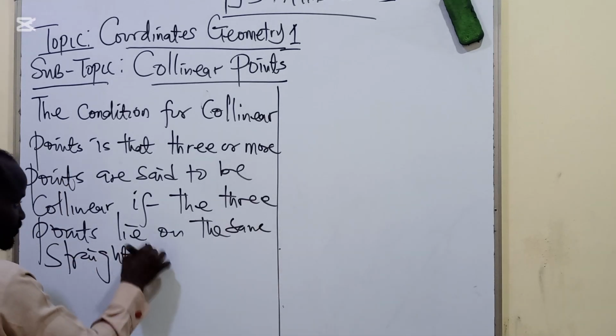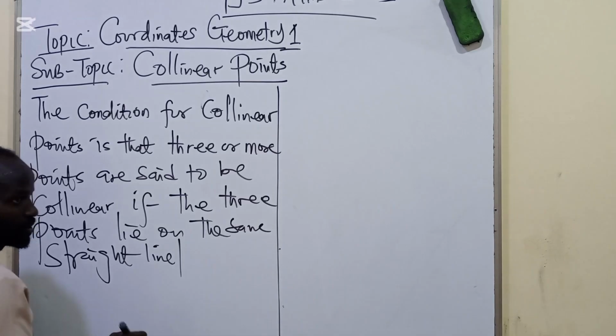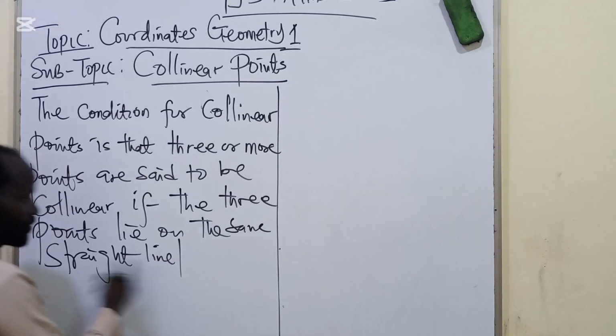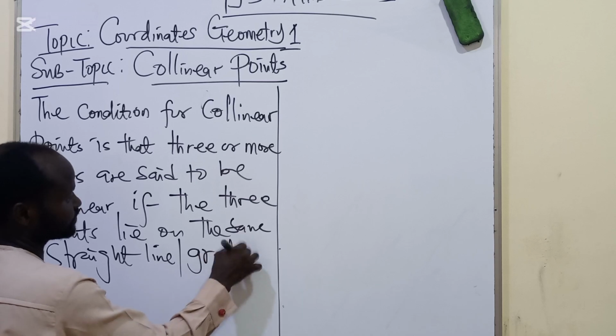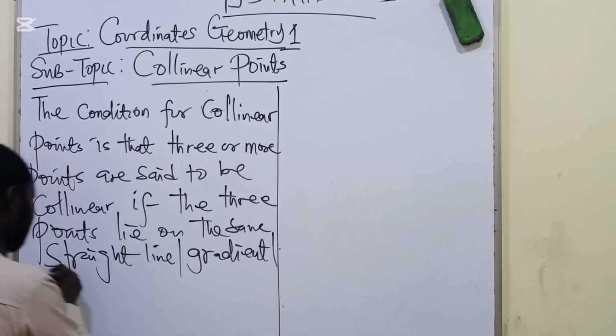If they lie on the same straight line, it means they have the same gradient and they are parallel to each other.